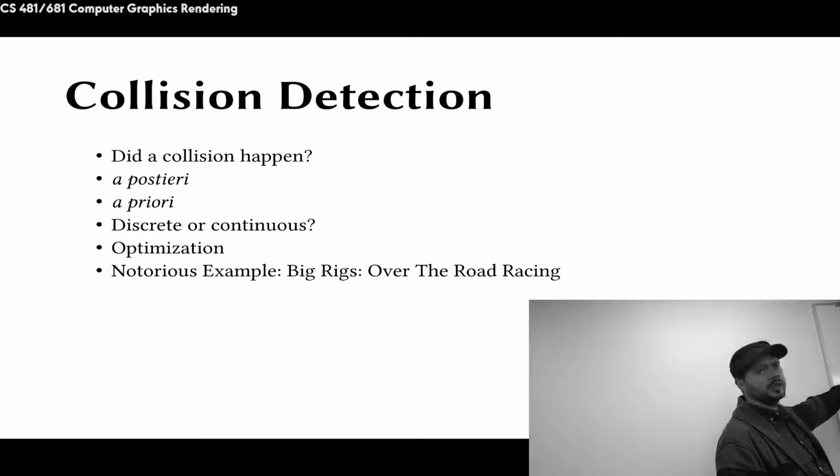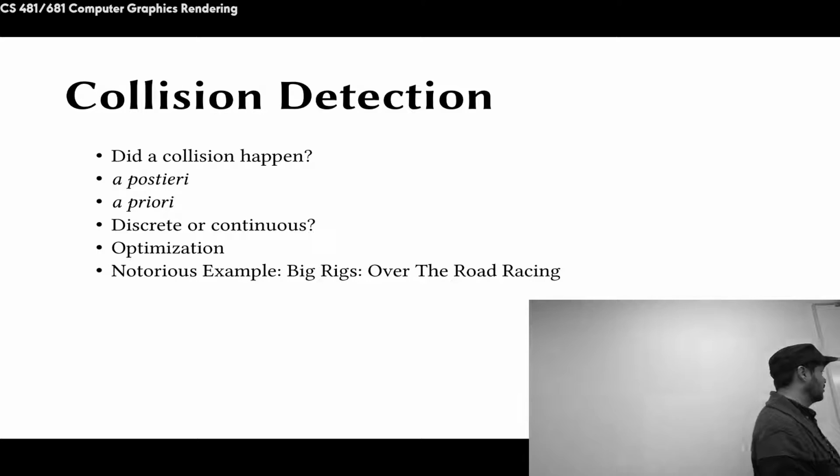Where a posteriori breaks down is when you have two objects and they're both moving. Let's say we have object A moving in that direction, and object B moving in this direction. If your time step is too small, then suddenly this guy is over here, and this guy is over here, and it's like no collision happened, even though clearly it did.